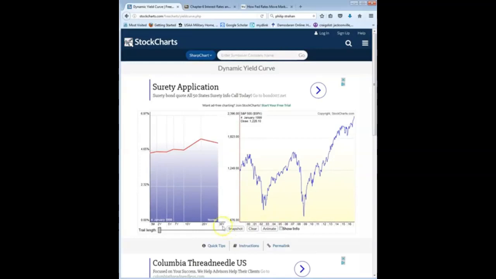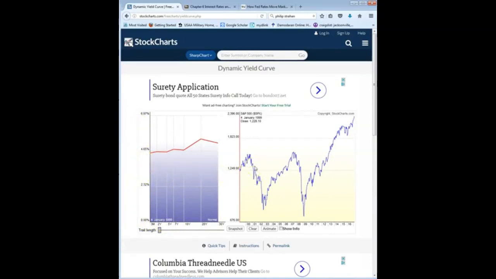We could also examine the yield curve over time with something called a dynamic yield curve. So here is a dynamic yield curve. On the left-hand side of the page, we have a typical term structure of interest rate yield curve depiction with the time to maturity of the instruments on the horizontal axis, and on the vertical axis the yield to maturity.